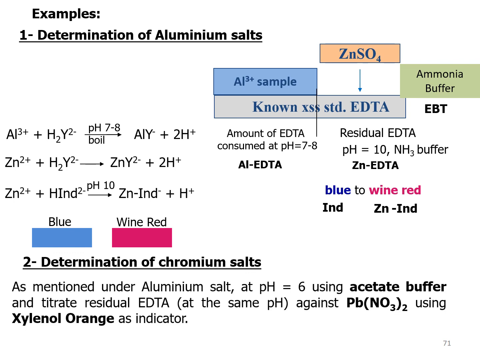The same goes for chromium salt, as mentioned under aluminium, with pH 6 using acetate buffer, and titrating the residual EDTA at the same pH against lead nitrate using xylenol orange as indicator. Here also the endpoint is reversed, from lemon yellow to red, from the free form to the metallized form of the indicator, xylenol orange.